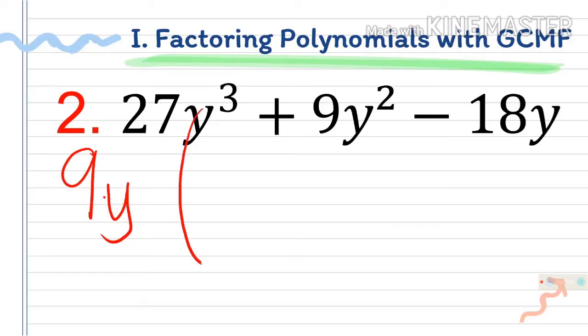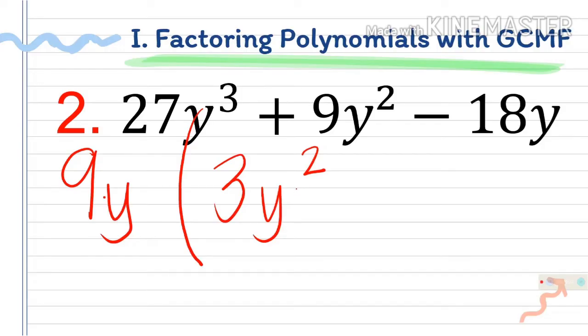Since we already have the first factor, or the GCMF, we are now going to find the second factor, or the quotient. So we have 27y cubed divided by 9y is equal to 3y squared. Do you follow? Okay.